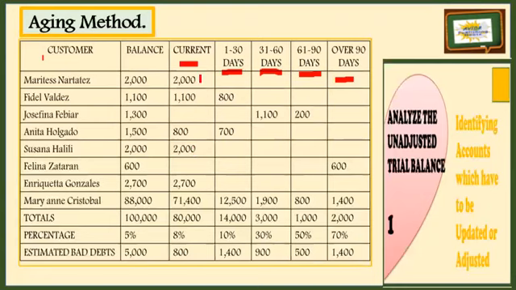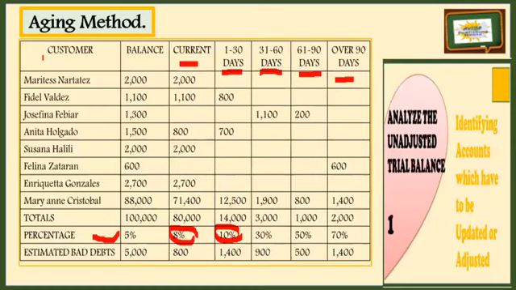And how much of that current account will be subject to 8%? How much of that 1 to 30 days will be subject to 10%? So these percentages are predetermined, and it is being applied on the classification of accounts. So you arrive at an estimated budget based on different rates for different status of accounts.